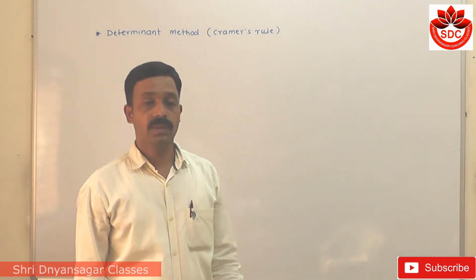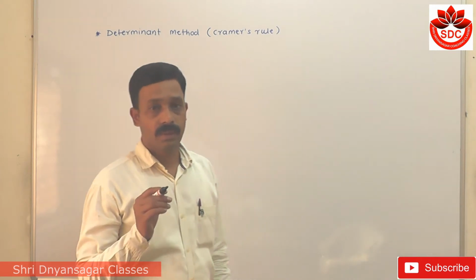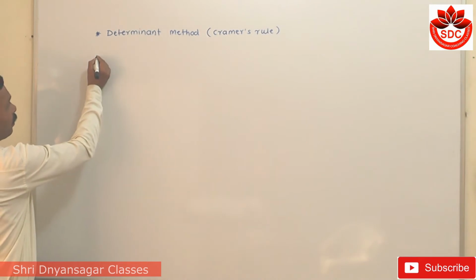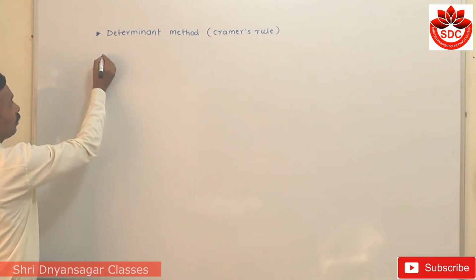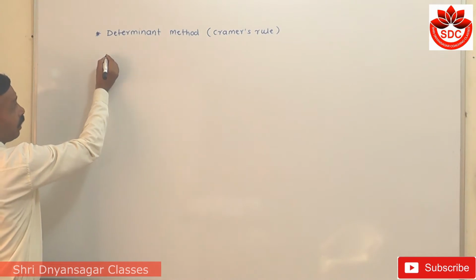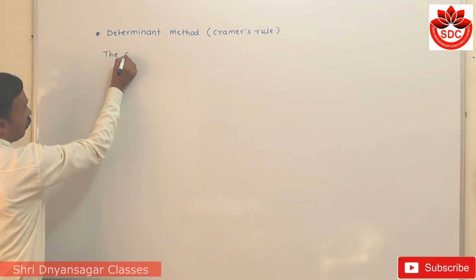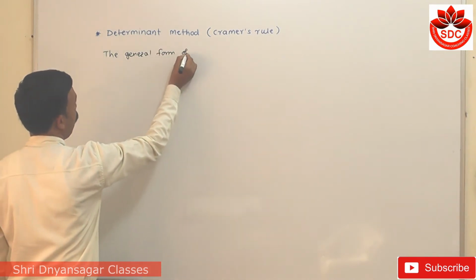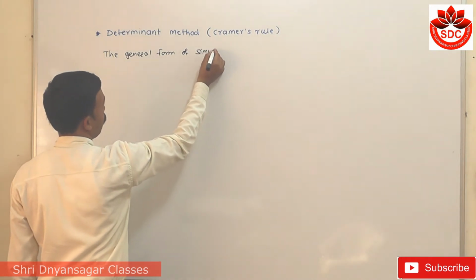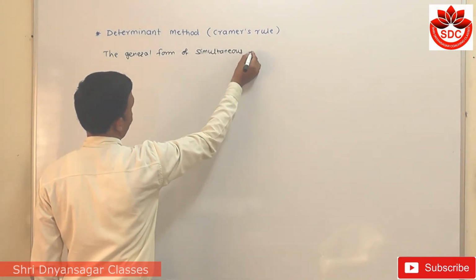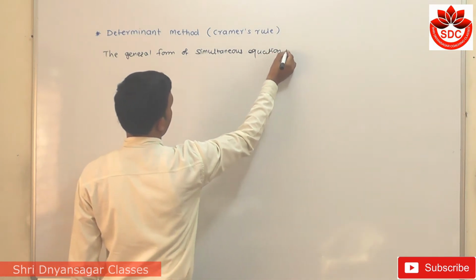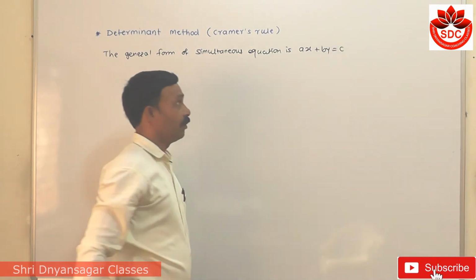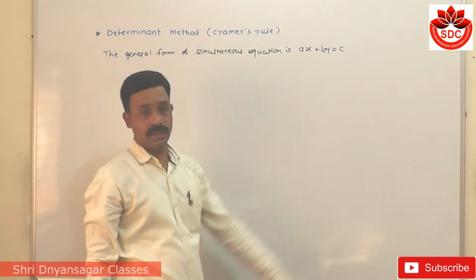Now first we have to find the value of the determinants. The general form of a simultaneous equation is ax plus by is equal to c, that is, transpose the constant term to the right-hand side.